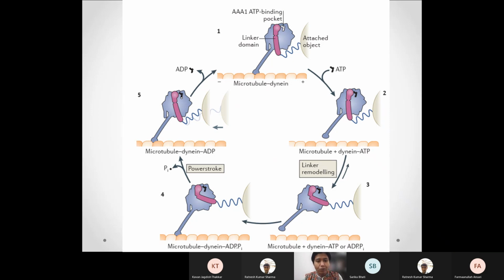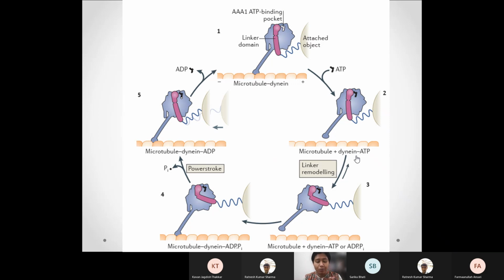And what we're going to come to now is, let's recap what we know about how dynein works on microtubules. The microtubule-dynein interaction, as I've said before, you can think of as analogous to myosin binding to actin.